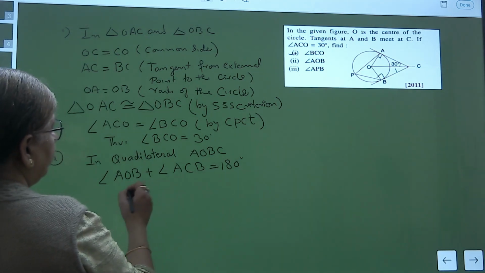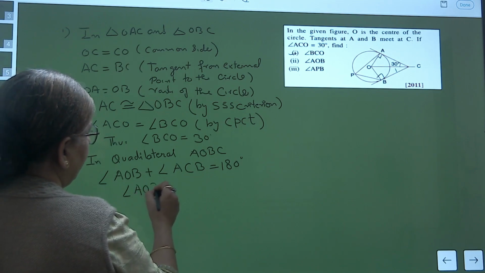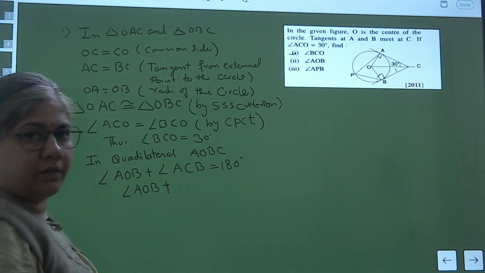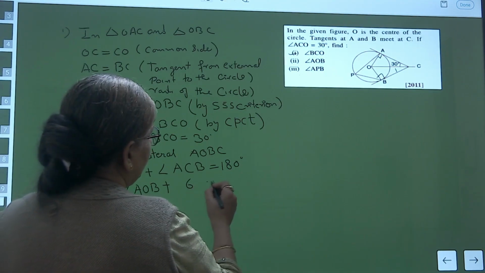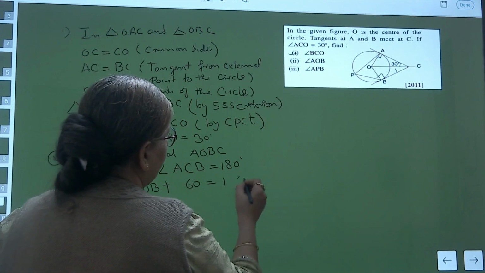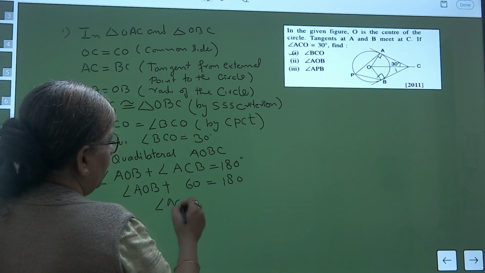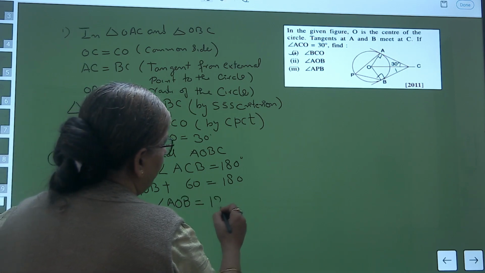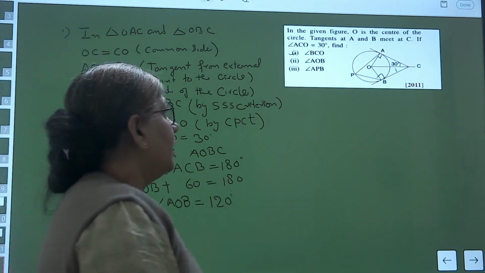AOB we have to find, and angle ACB is 30 plus 30, that is 60 degrees. So what we get, angle AOB is equal to 120 degrees. So the second part is also done.